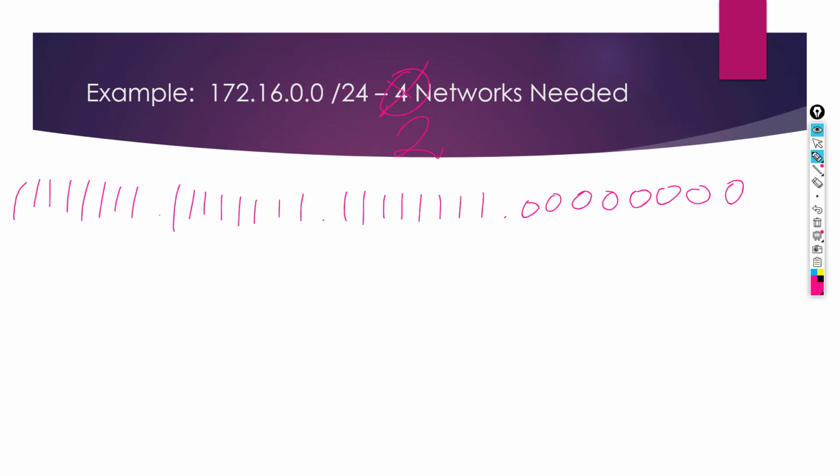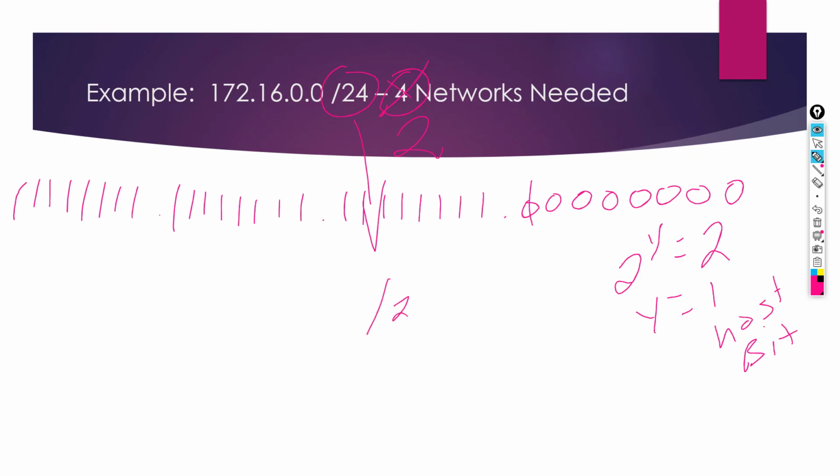So 2 to the power of y equals 2, y equals 1. So we must borrow 1 host bit. So we'll turn this 1 host bit, and now instead of having /24s, we will now have 2 /25s.